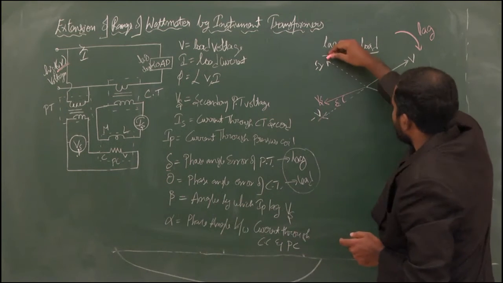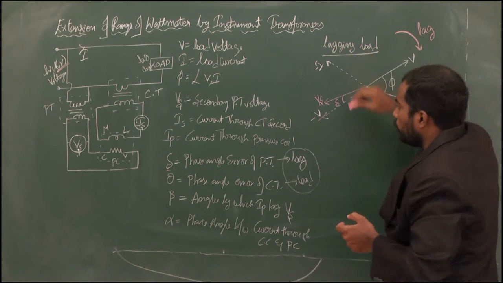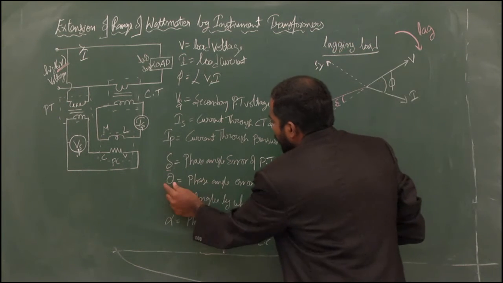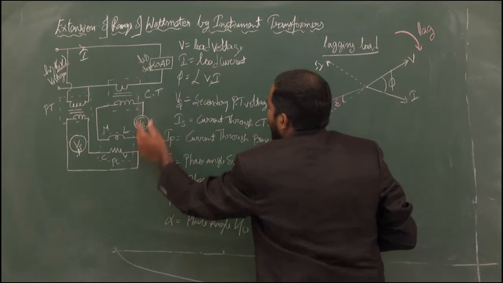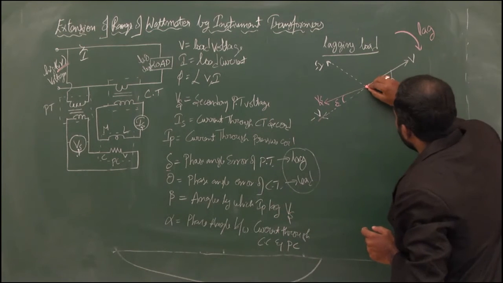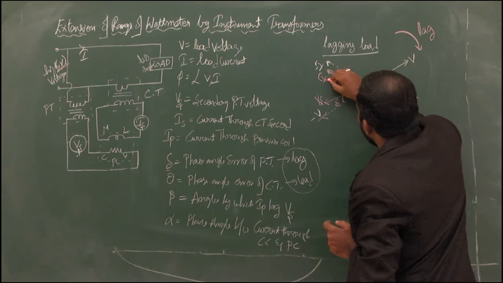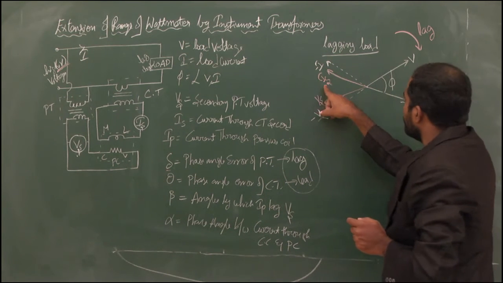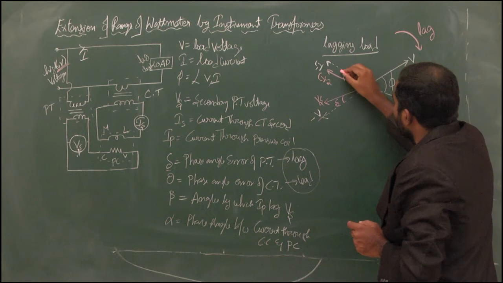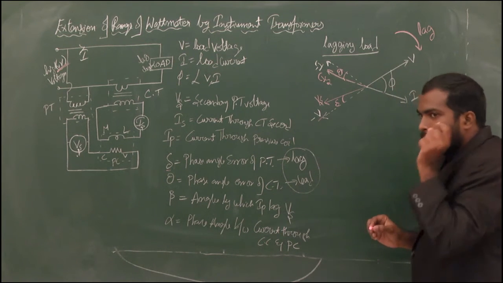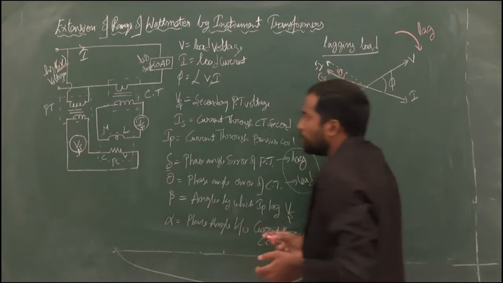That means this is nothing but the secondary side projection of the current, negative of I. Now what I am saying, Is will lead I by an angle of theta. So these are nothing but the errors caused due to the potential transformer and the current transformer.